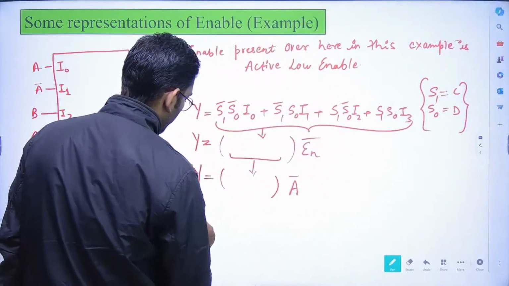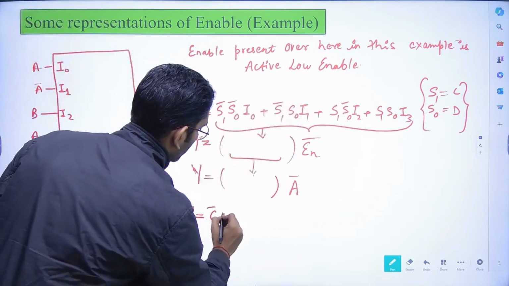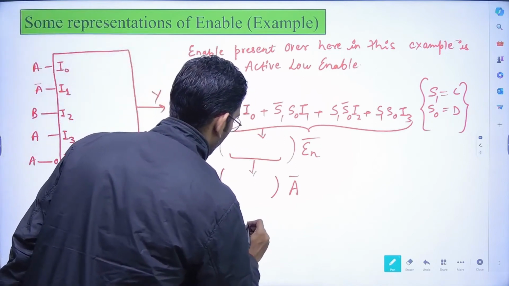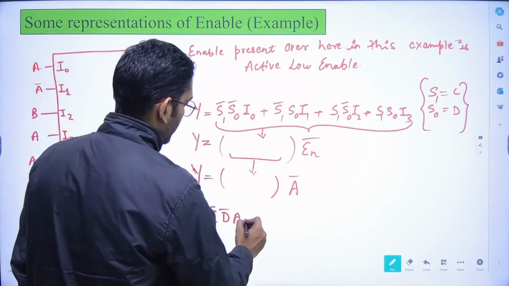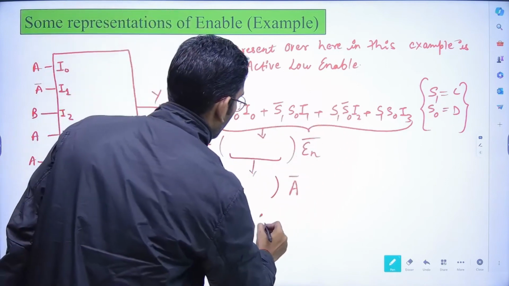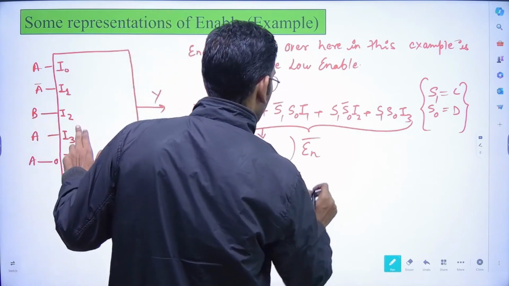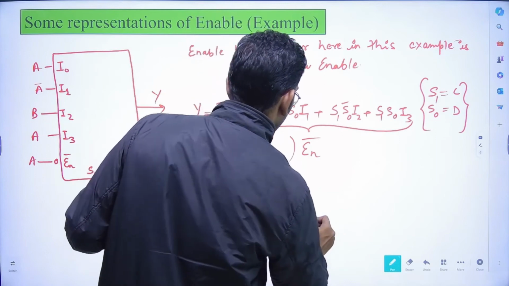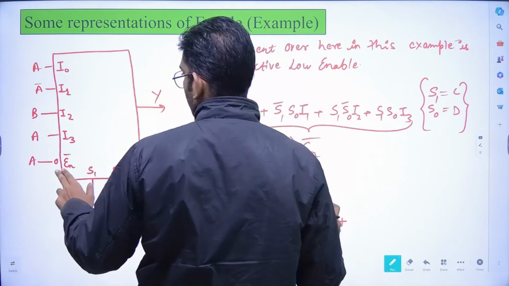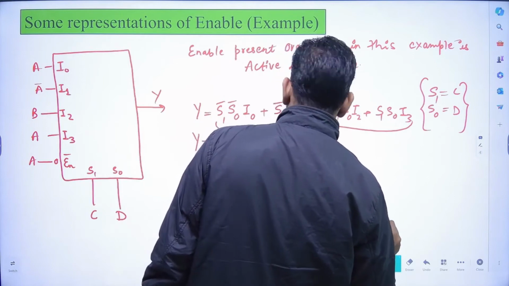Y equals S1 is C bar D bar, I0 is A, plus C bar D, I1 is A bar, plus C D bar B, plus C D A.